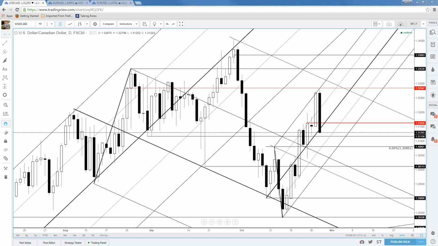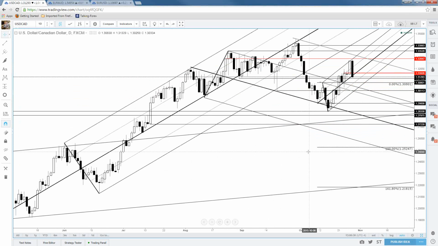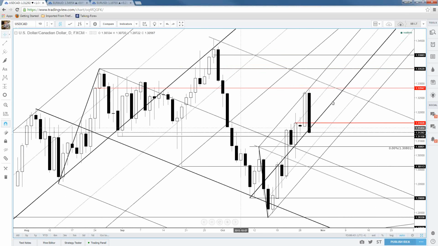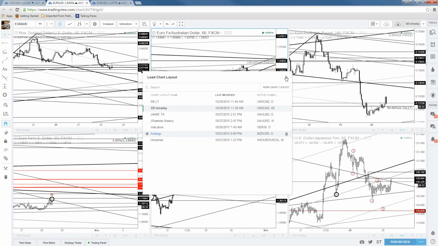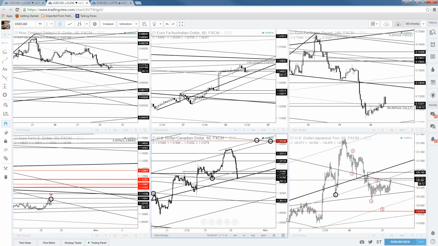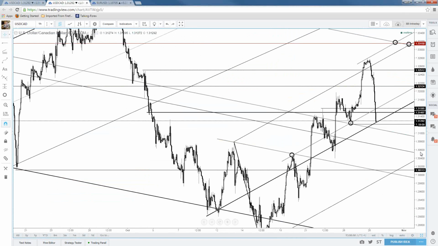Topics today, we should look at CAD and crude oil, of course. This is the dollar CAD exchange rate. So I put up a similar chart yesterday. We'll look at an intraday chart, a 60-minute chart.